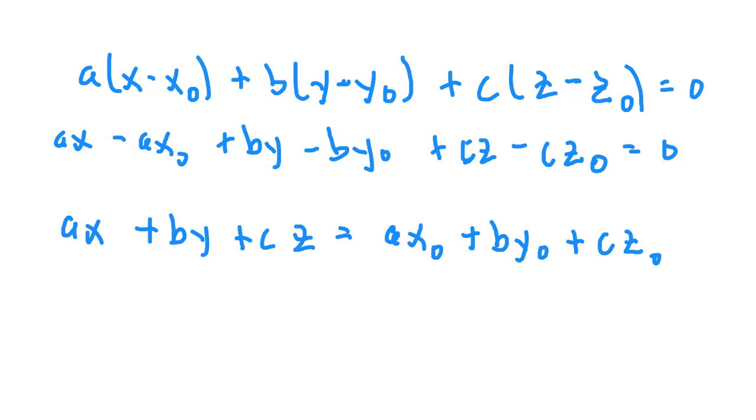Now, let me just double check here, one moment. And this here, we can call some constant d, because a, x sub 0, b, y sub 0, c, z sub 0, those are specific numbers.